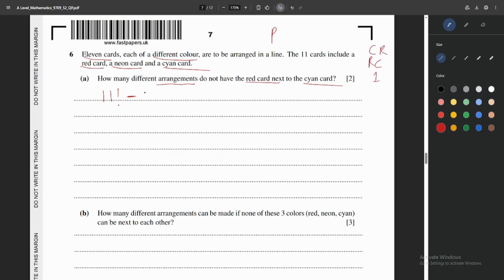Since they're together, we have 9 cars and this group, so total 10. Then we can arrange them in a line. So that's 10 factorial, and this gives us 32,659,200.